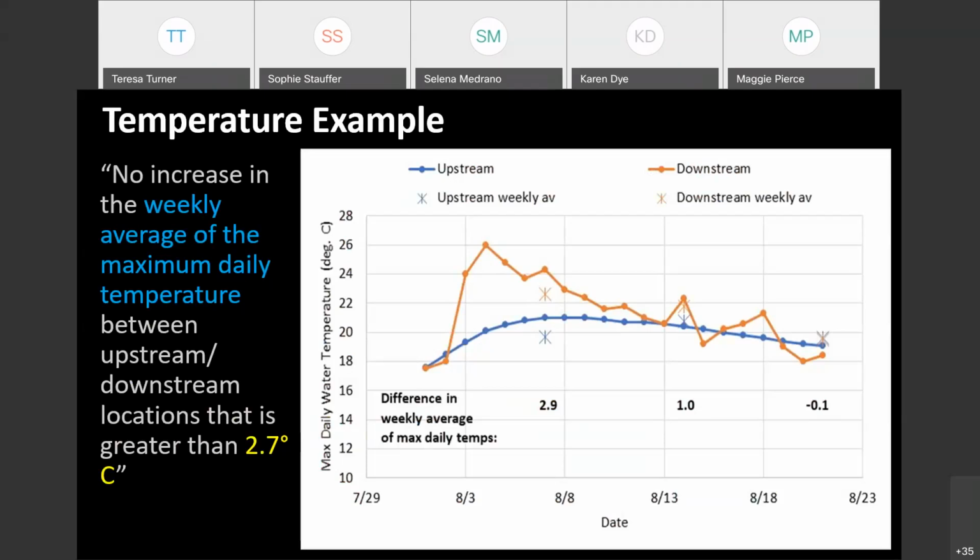And then they subtracted the downstream from the upstream. And at this first week here, that value was 2.9. These numbers on the figure are the difference in the weekly average temperatures. And 2.9 is greater than that acceptable amount of change of 2.7 degrees Celsius. So they've got a temperature problem here for that location.